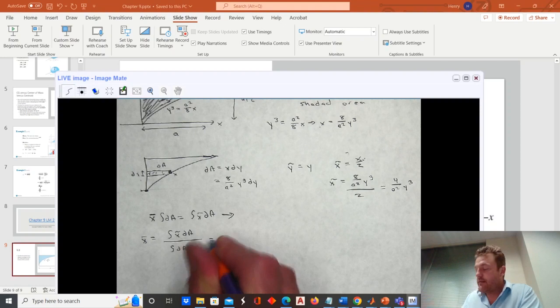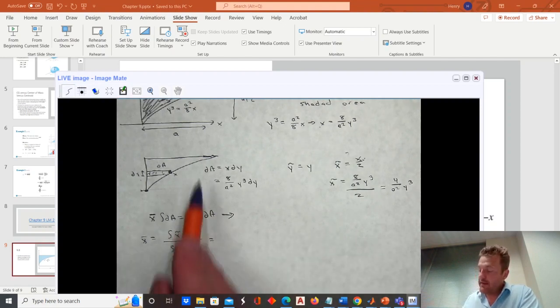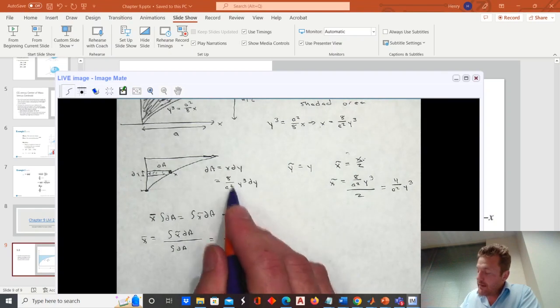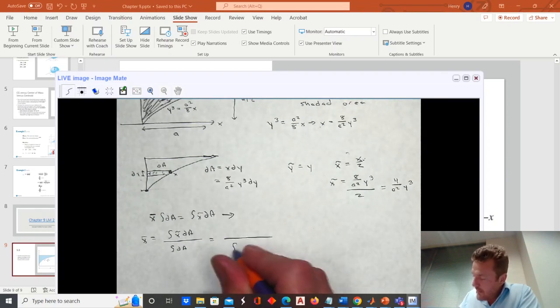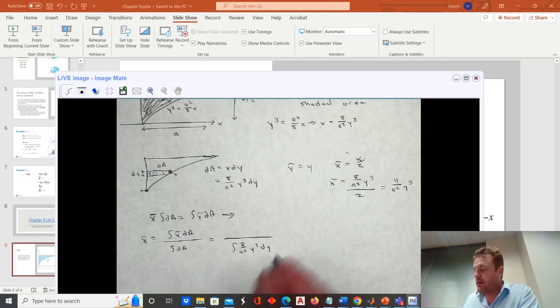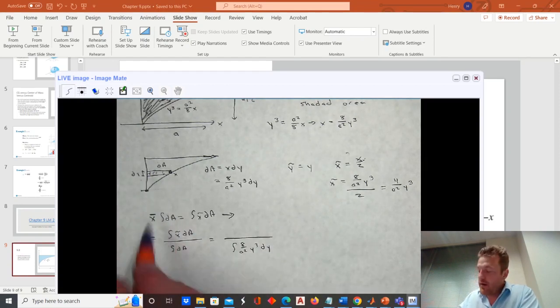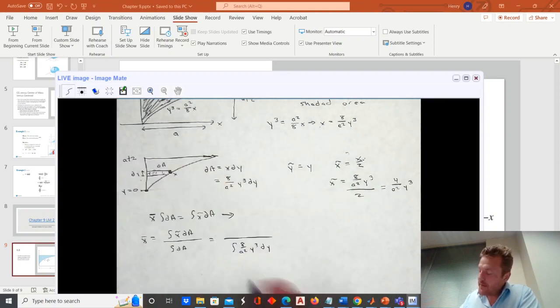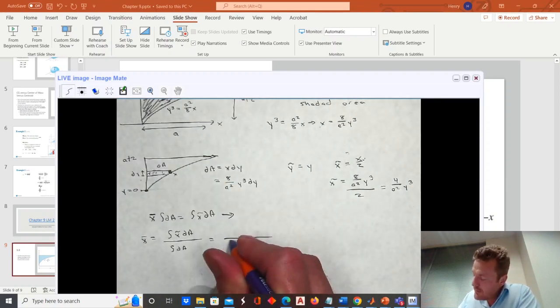It's just a matter of now plugging in everything that we have above. Let's plug in for dA this expression that we have here, 8 over a squared y cubed dy, and we're going to allow y to vary from 0 to a over 2.